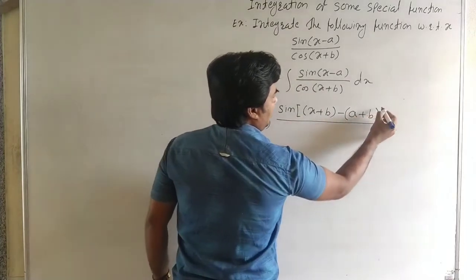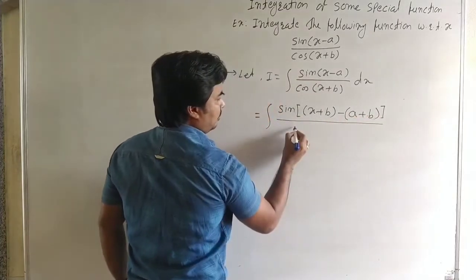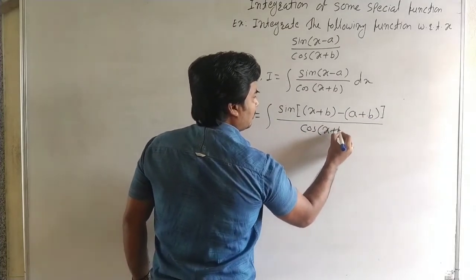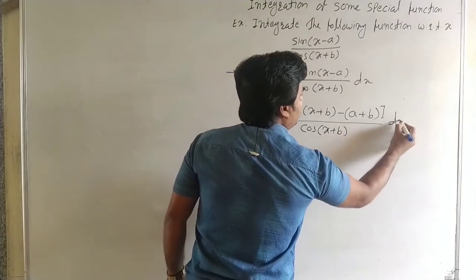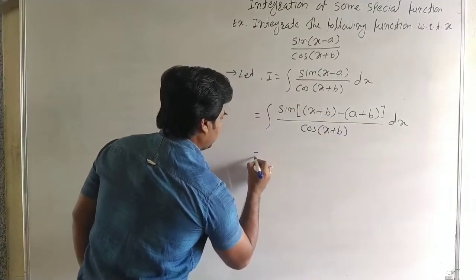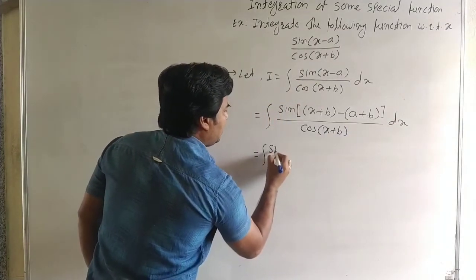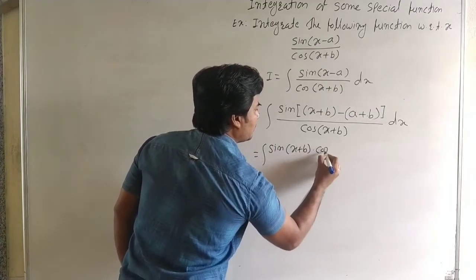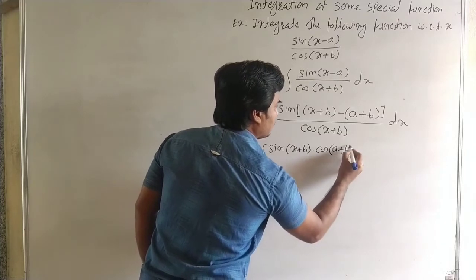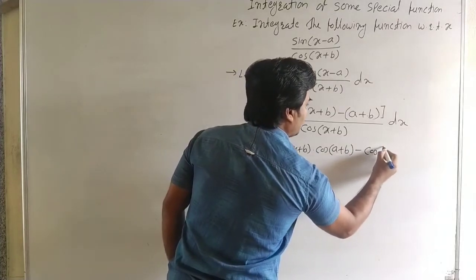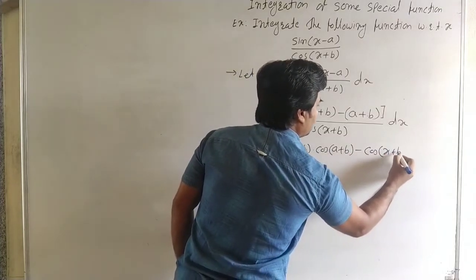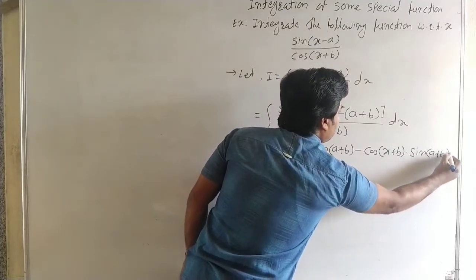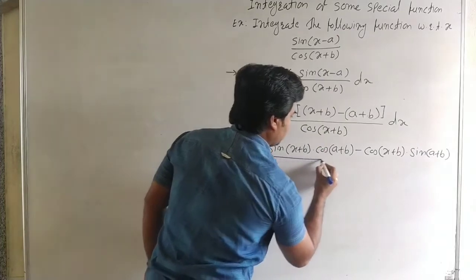Sin a minus b. We can use the trigonometric formula sin a minus b, and in denominator, with respect to x. Now see carefully. Sin a into cos b minus cos a into sin b.